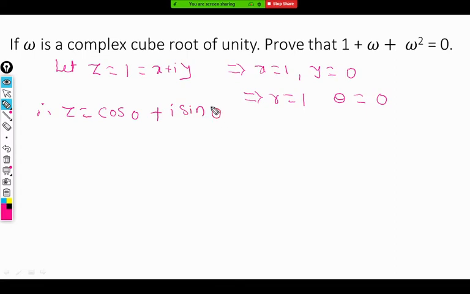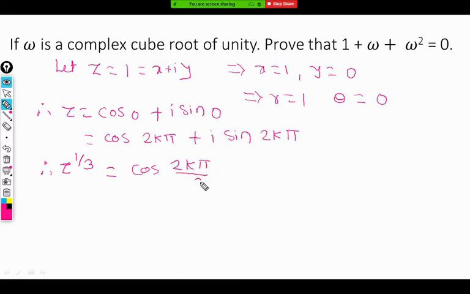So that is step 1. We converted into polar form. Next step, it is cos of 0 plus 2k pi plus i times sine of 0 plus 2k pi. So that is the general polar form. Therefore, z raised to 1 by 3, as we have to find the cube root, becomes cos of 2k pi by 3 plus i sine 2k pi by 3, where k takes the values 0, 1 and 2.